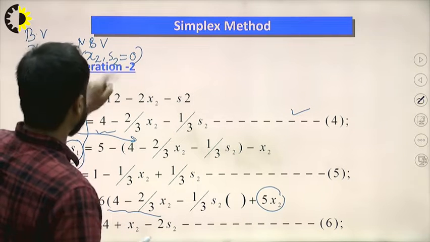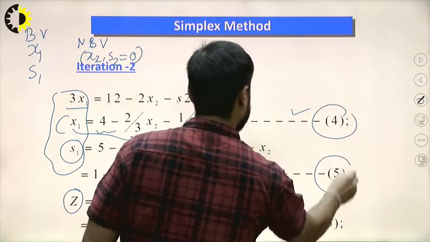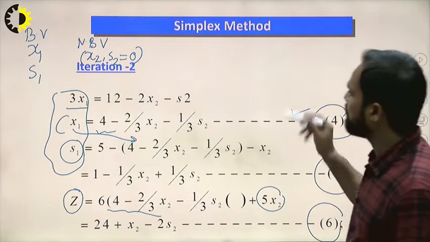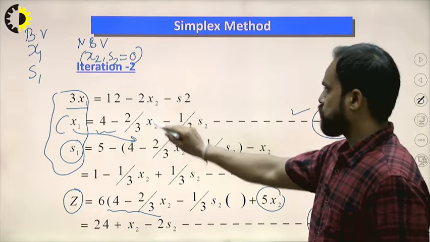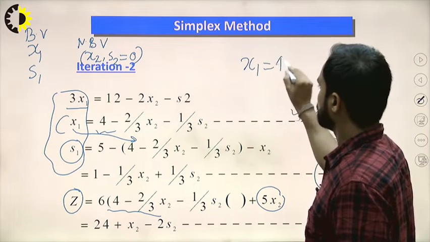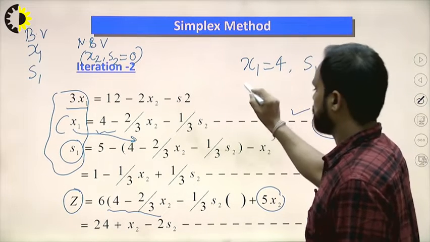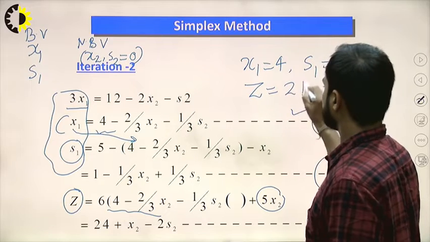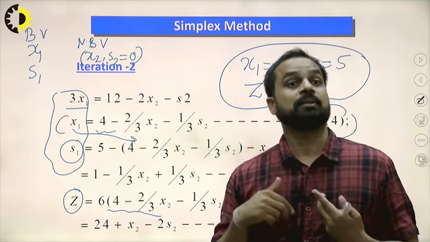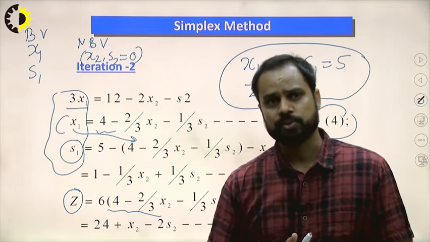Now if I put the non-basic variables as 0 in equation 4, equation 5 and equation 6, what will I get? If I put x2 equal to 0 and s2 equal to 0, I will get x1 equal to 4, s1 equal to 5, and z equal to 24. That is the second basic feasible solution.